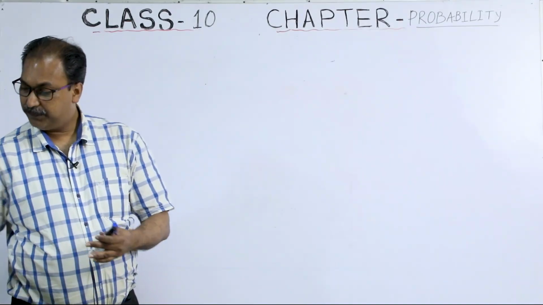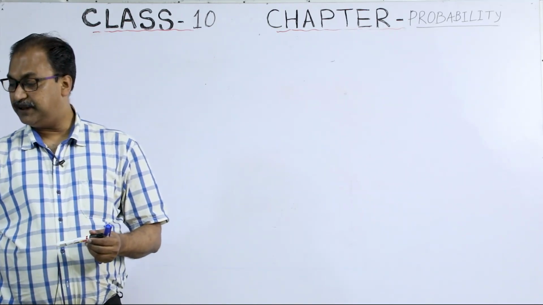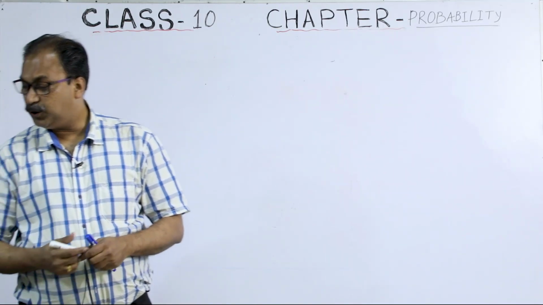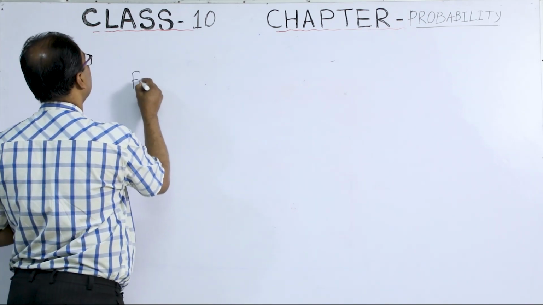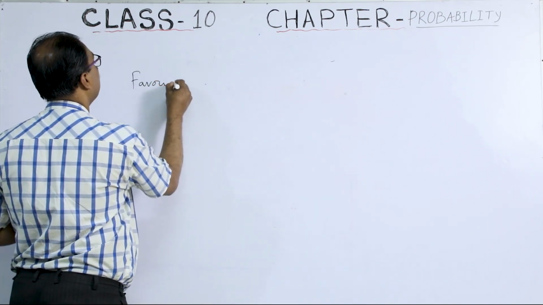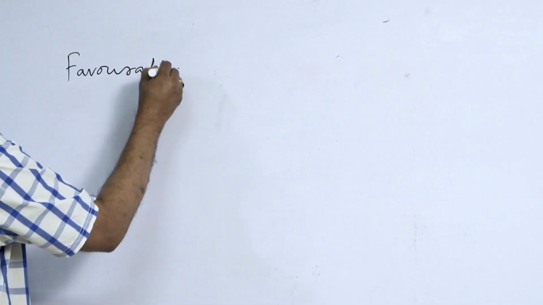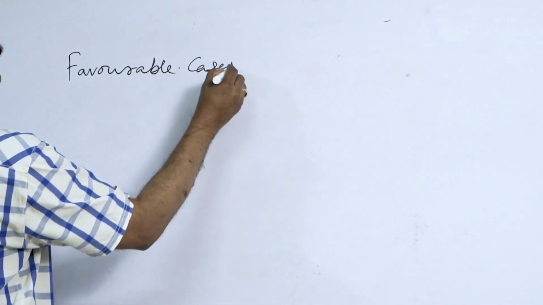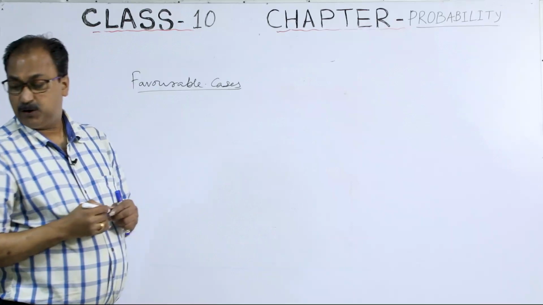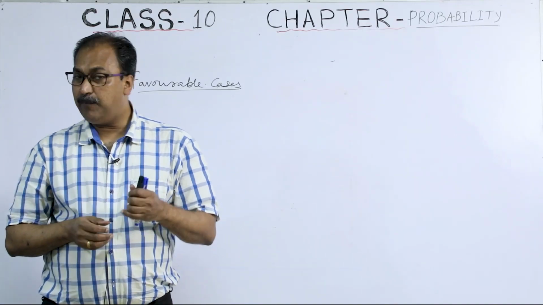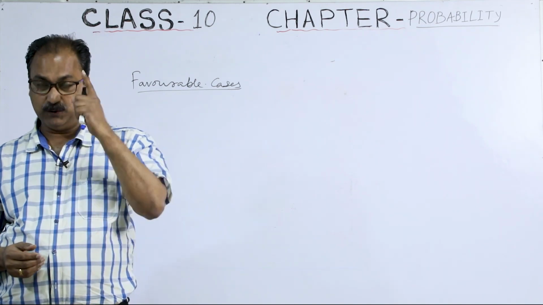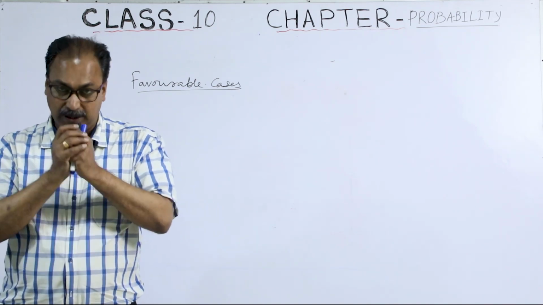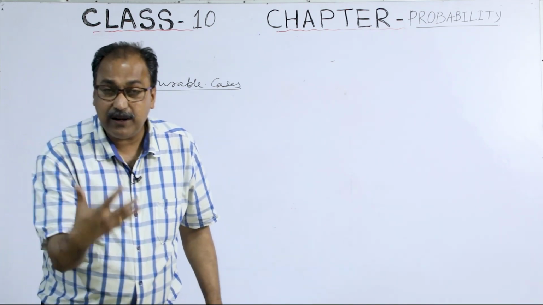Now look here. What are favorable cases? Favorable cases means, if we toss a coin, the number of favorable outcomes for a head is 1. Suppose we toss the coin. What is the favorable case for head?